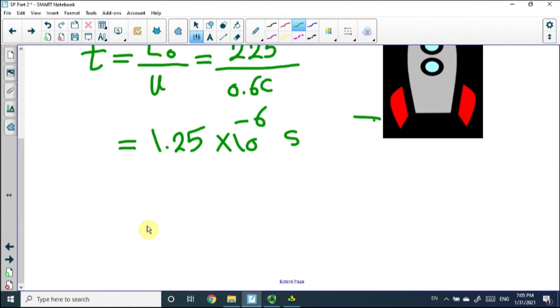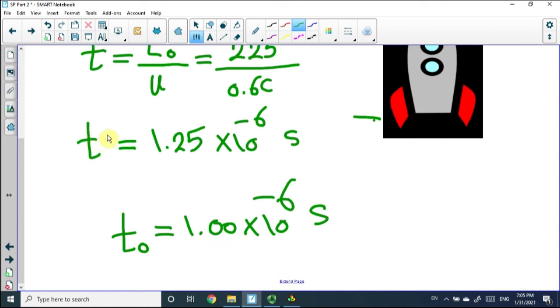We know that John is measuring this time, while Ali is measuring, let's call it T0, the proper time, which we found to be 1.0 times 10 to the minus 6 seconds.